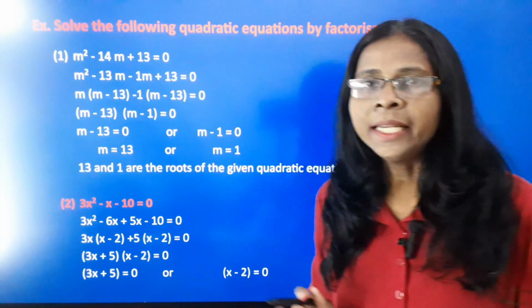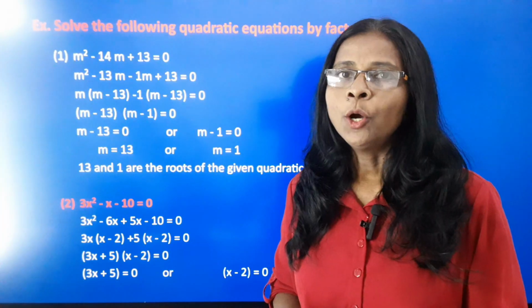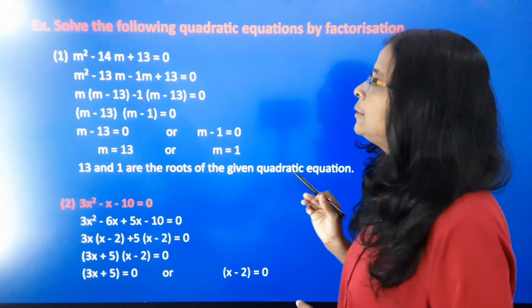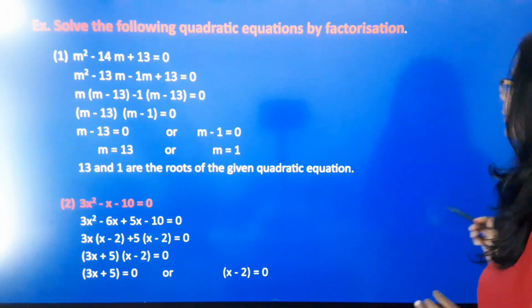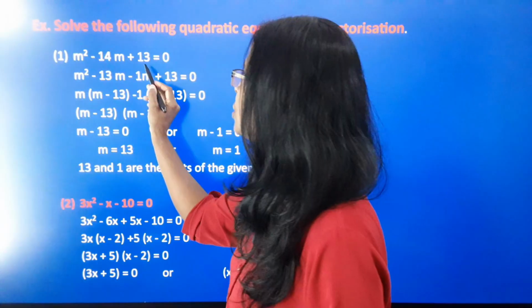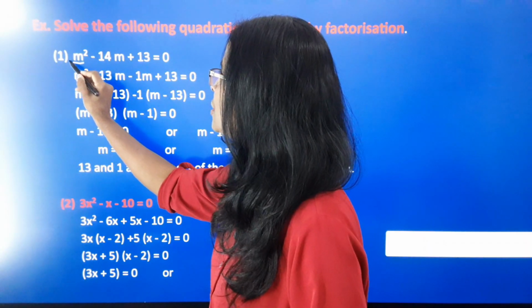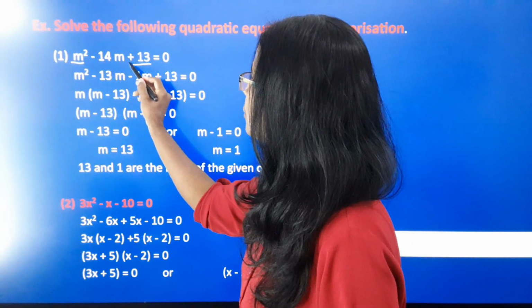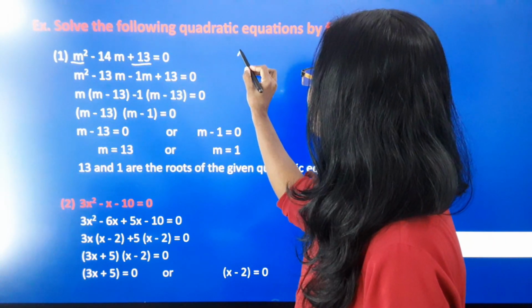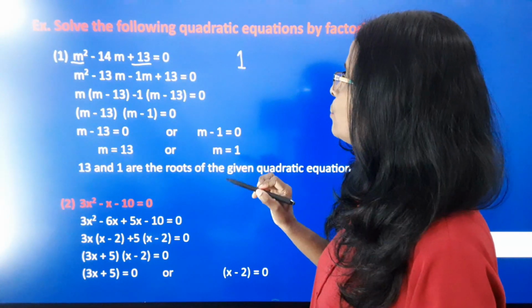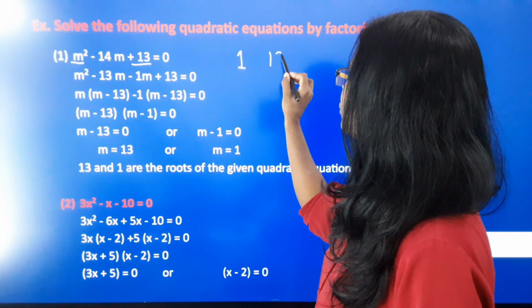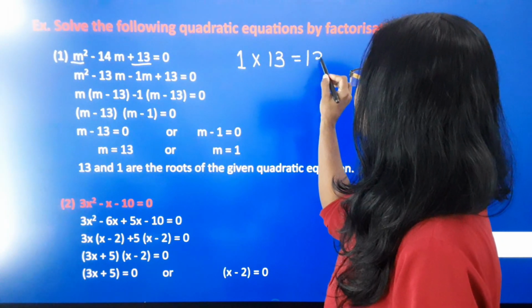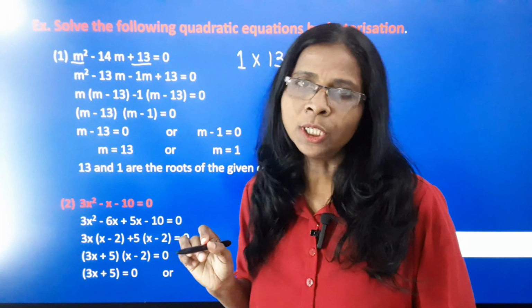In the factorization method, see the coefficient of m square, that is 1, and the constant. Do the product of these two, it will be positive 13.